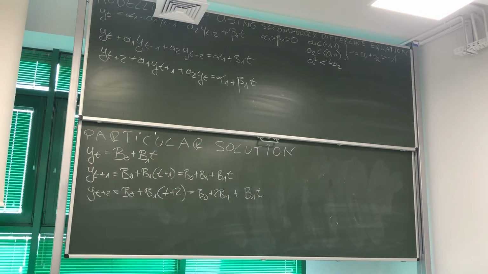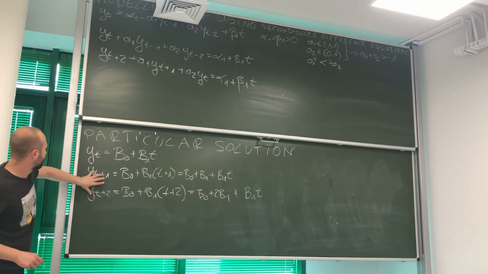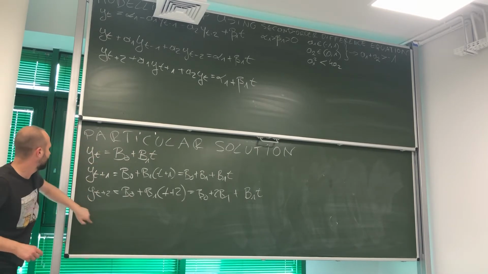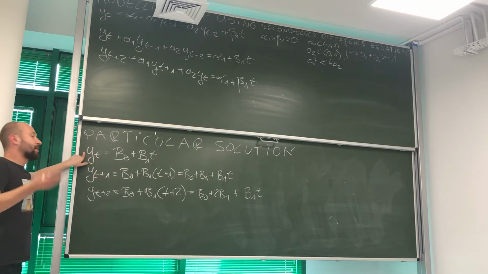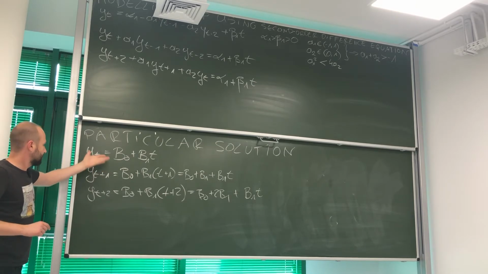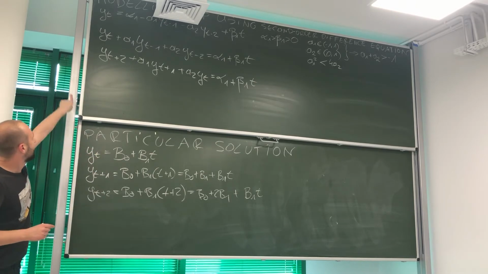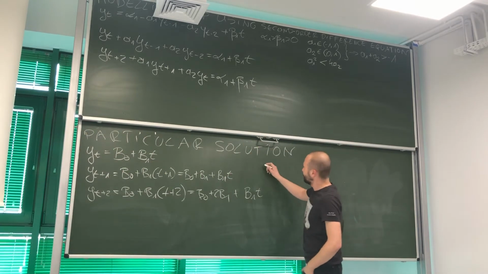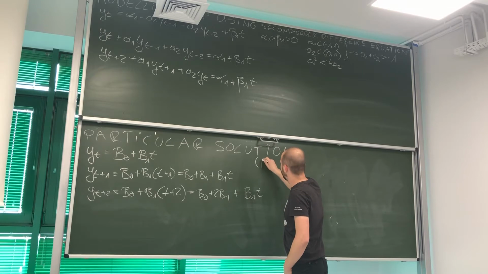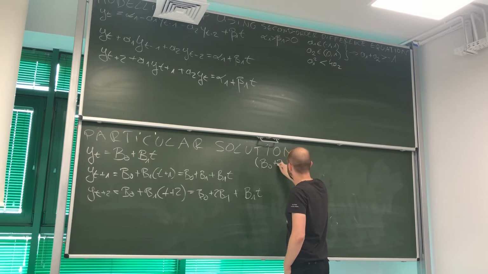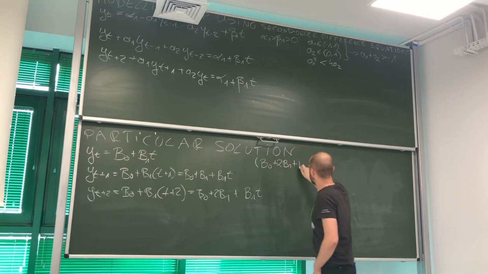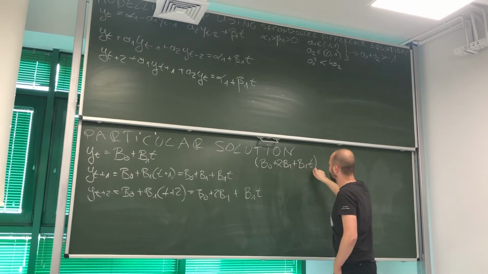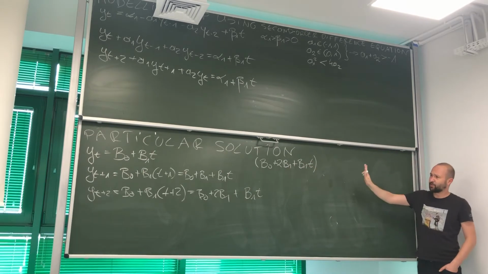Okay, now that we've got this down, the next thing to do is to take our proposition and substitute it into the equation. Okay, and what do we get from there? So we start with b0 plus 2b1 plus b1 t. It doesn't need to be in parentheses.